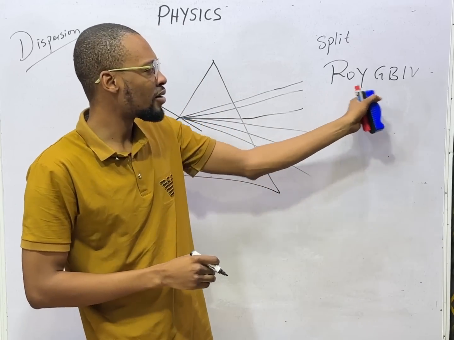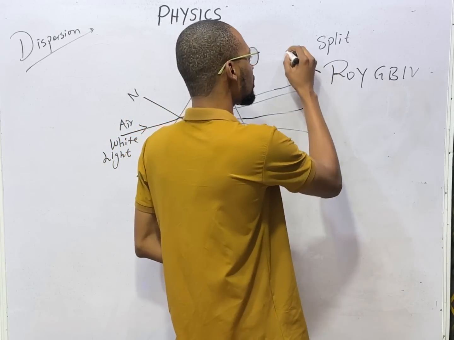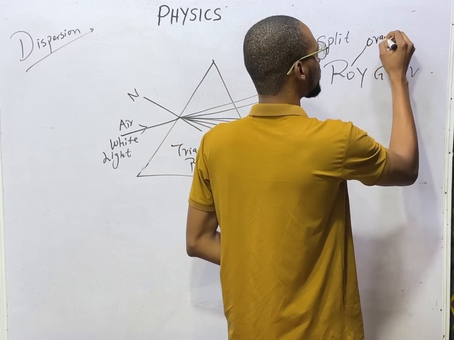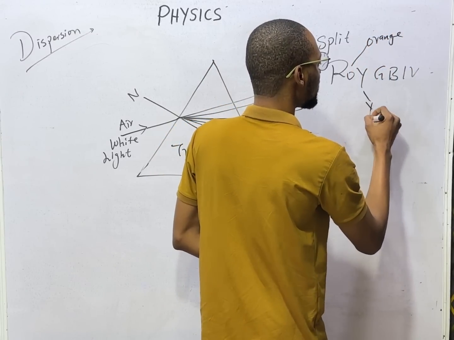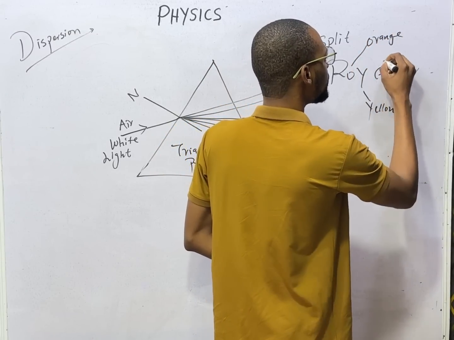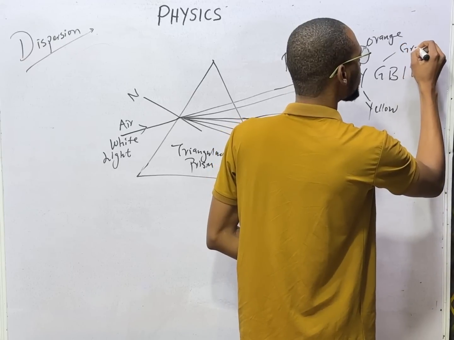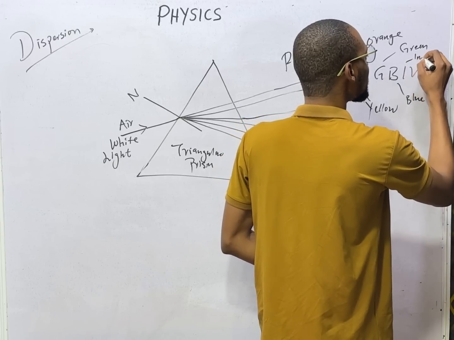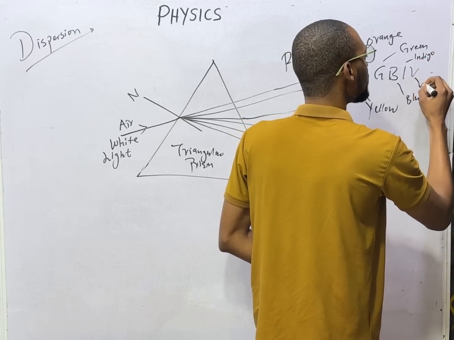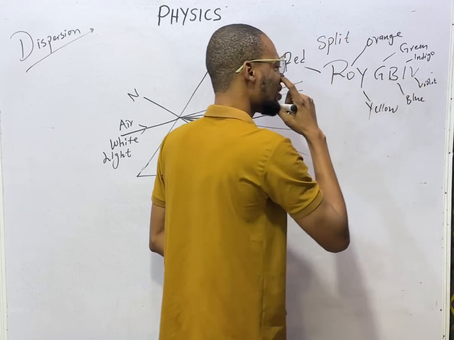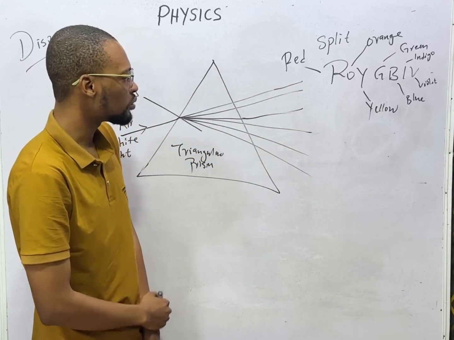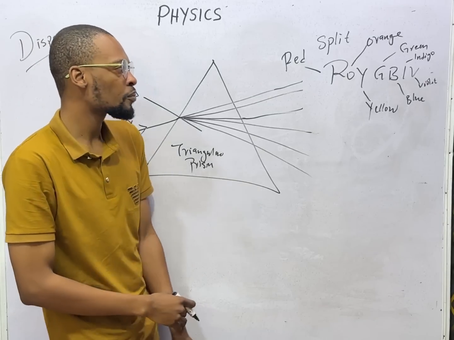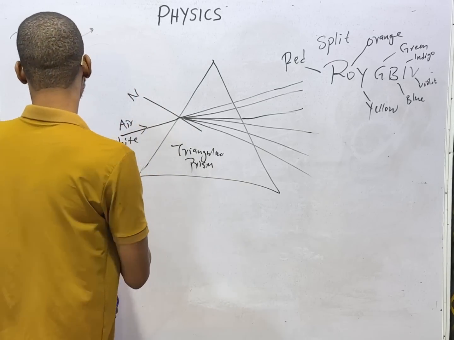And these colors are ROYGBIV, where R is red, O is orange, Y is yellow, G is green, B is blue, I is indigo, and V is violet.